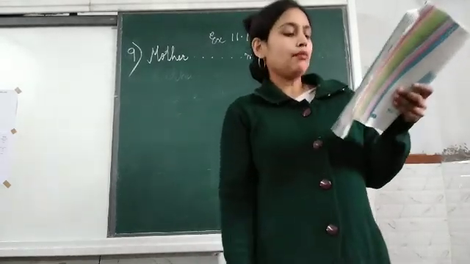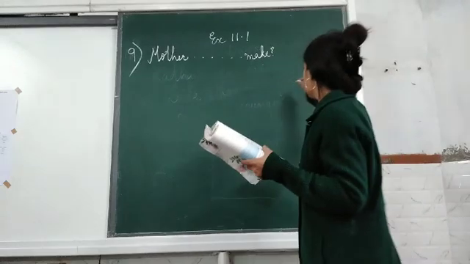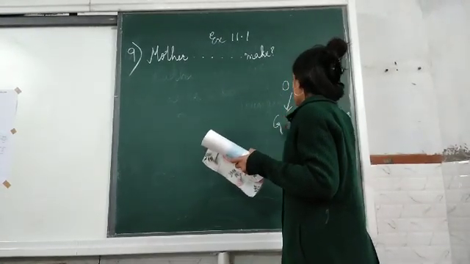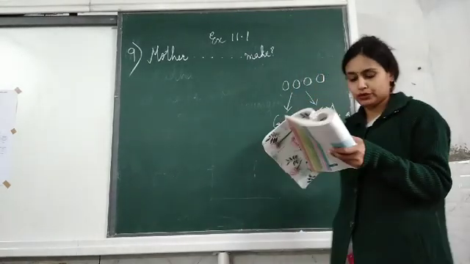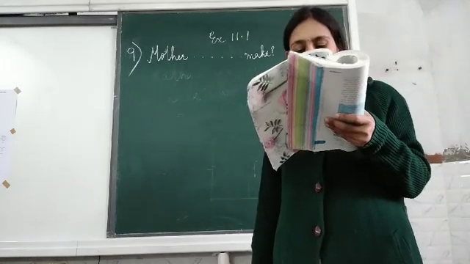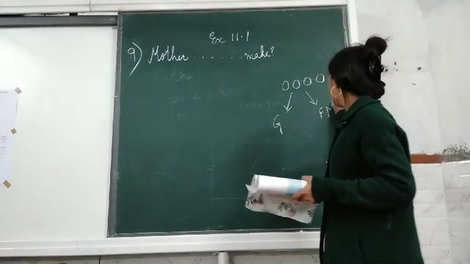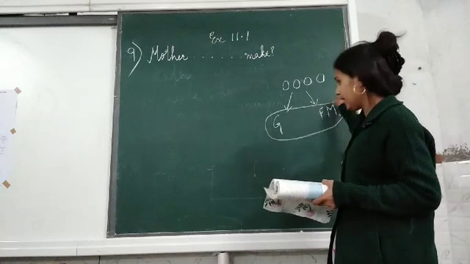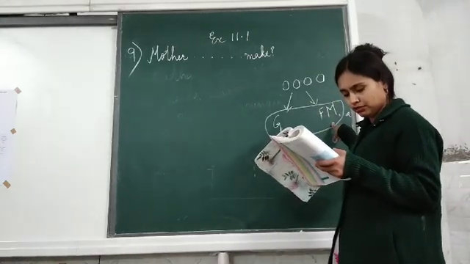She gives some laddus to guests and some to family members. So mother made laddus. Some she is giving to guests and some she is giving to family members. If the number of laddus which mother gave away, that is to the guests and to the family members.